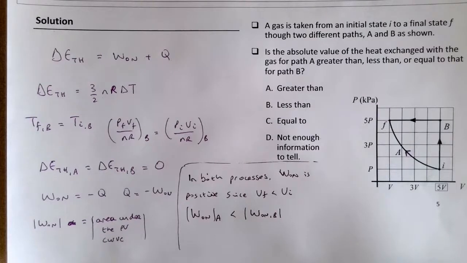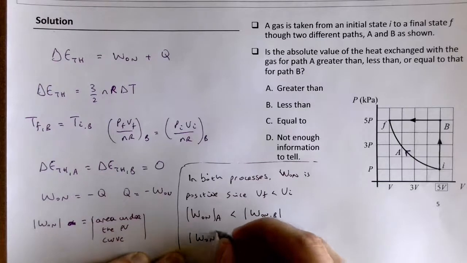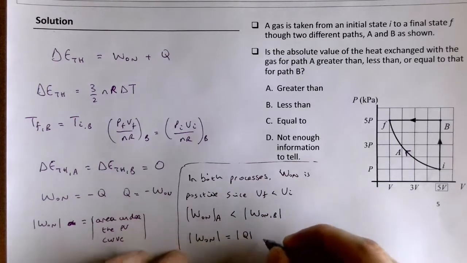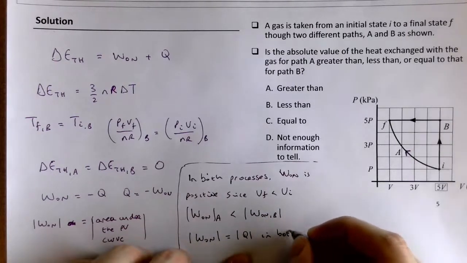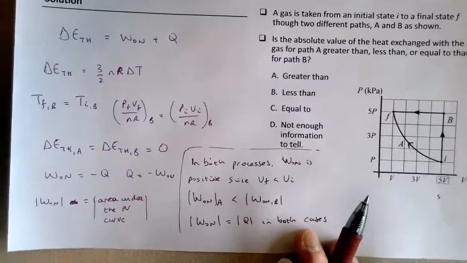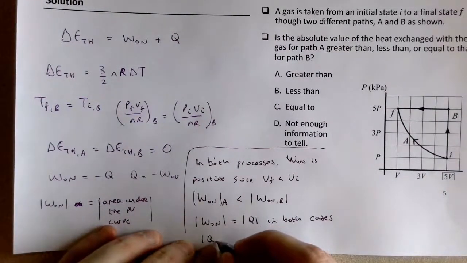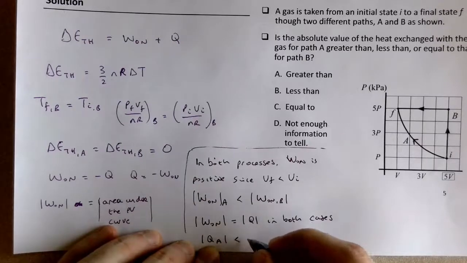That means, since the work on is equal to the absolute value of Q in both cases, because the delta E thermal is 0, that's coming from that conclusion, then I can state that the heat exchanged in process A, the absolute value, it's negative and is less.